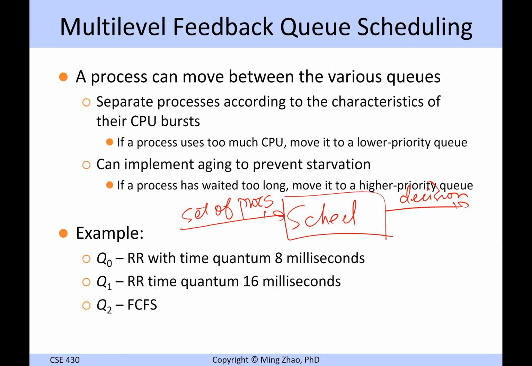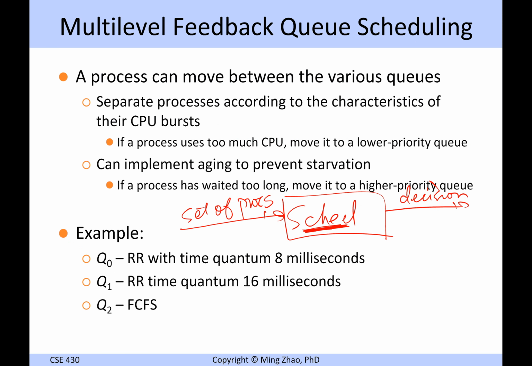With multiple queues, it's more than that. First we decide which queue to schedule next, and then within the queue which process to schedule next. So the scheduler I'm talking about here is the multi-level queue scheduler. It includes the scheduling both within the queues and across the queues. It has two-level scheduling.